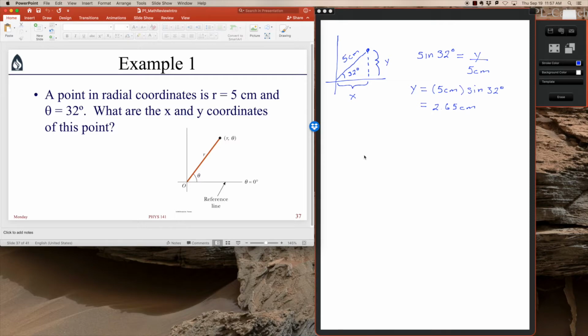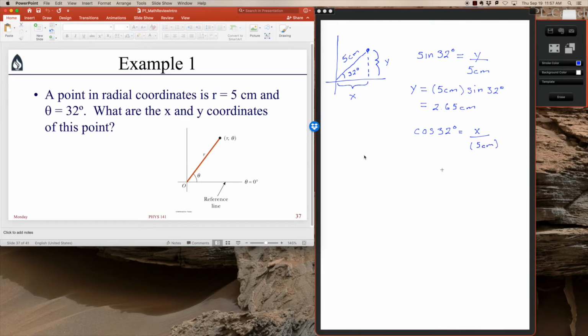I think I can get that by considering the cosine of that 32-degree angle. So the cosine of 32 degrees would be adjacent, which is the x-coordinate, or the length of the bottom of my triangle, divided by the hypotenuse, which is 5 centimeters.